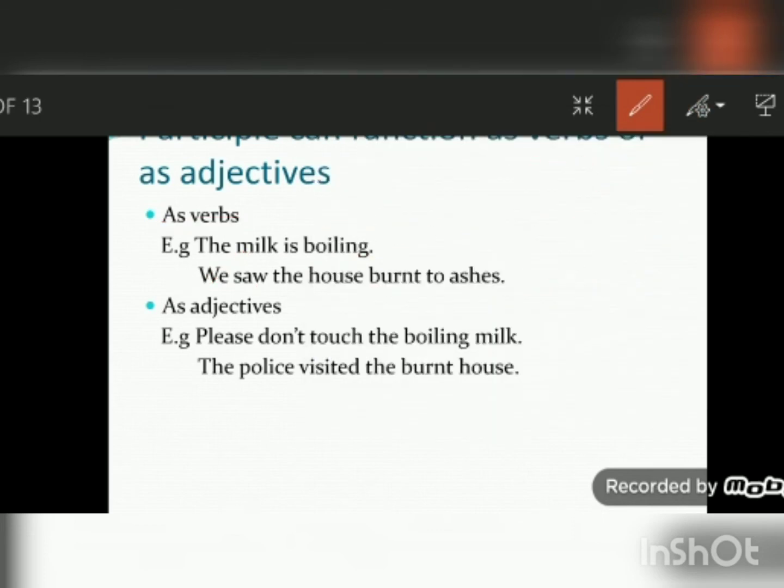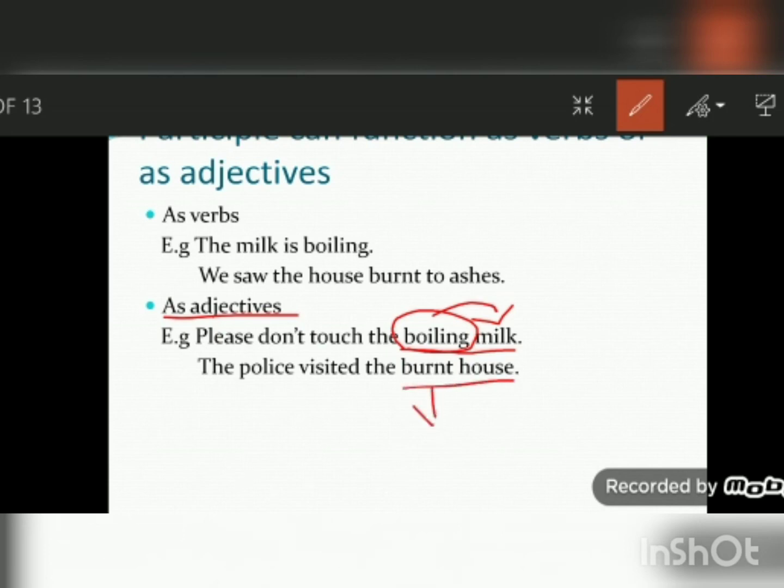Next is how it functions as adjectives. Please don't touch the boiling milk. Here boiling is used as adjective because it describes the milk. This is the present participle form of the verb which is used as adjective in a sentence. Next is, the police visited the burnt house.